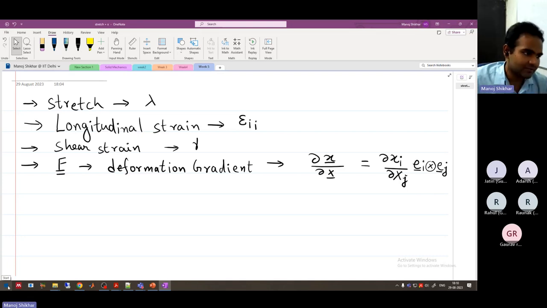So these are a few things which we have to keep in mind before starting this chapter. Now, the basic definition which we have read about strain was change in length.